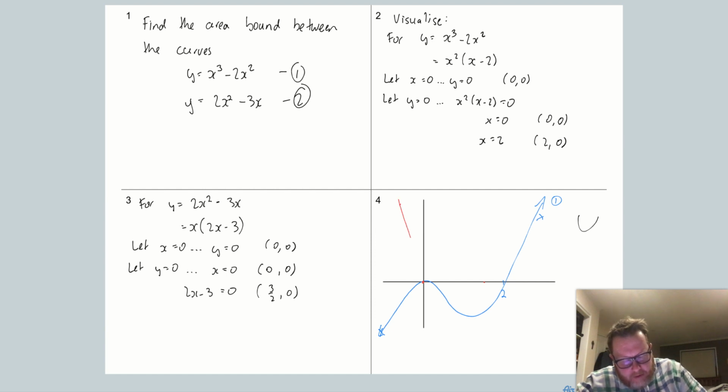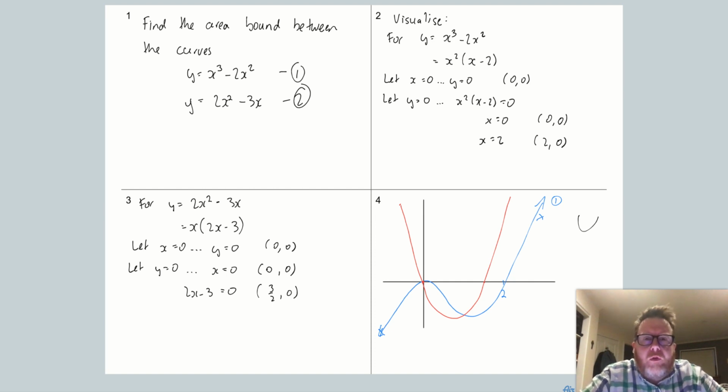And so I'm going to have something along the lines of, sorry, try that again, like so. Okay, more or less, that's what it's going to look like. Okay, so that's our graph so far. So far, so good.